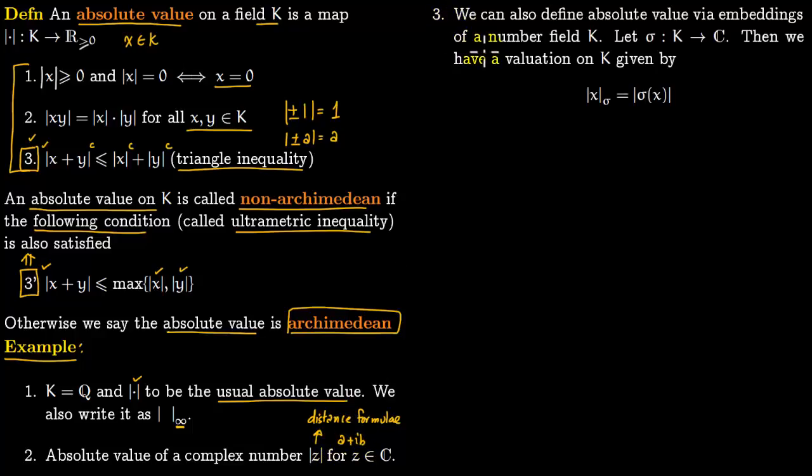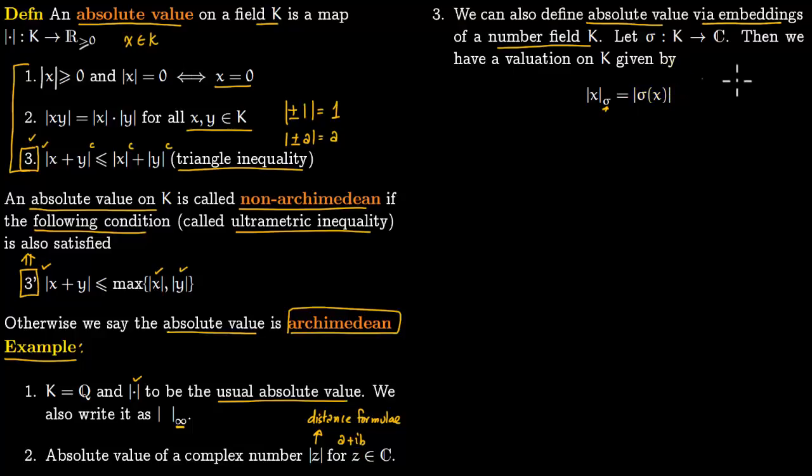Example number 3 is that we can also define an absolute value via embeddings of a number field K. Say sigma is an embedding of our number field into the complex numbers. Then we have a valuation like this, where you take the complex absolute value of sigma of x.